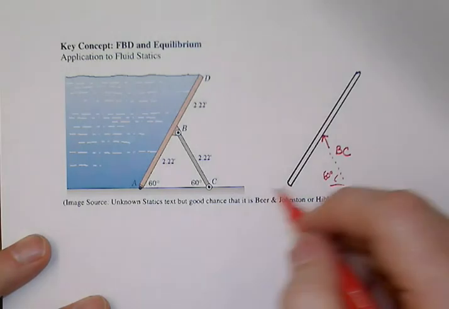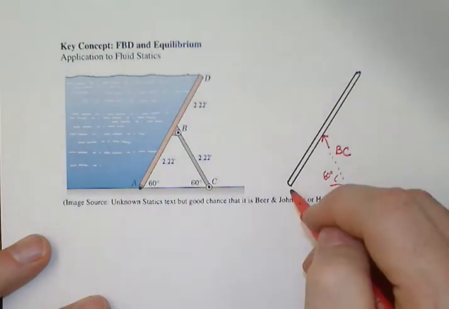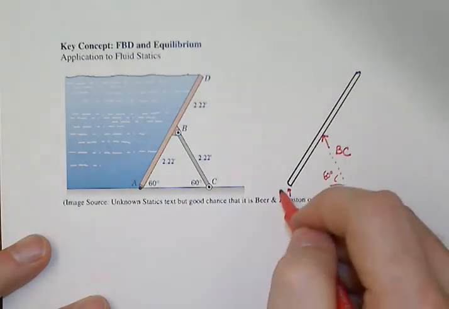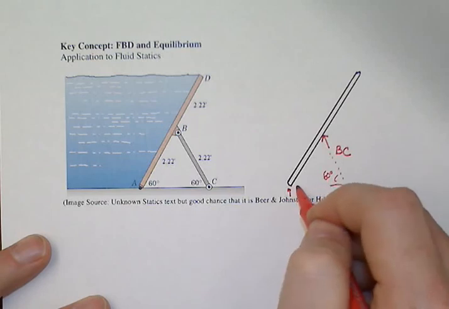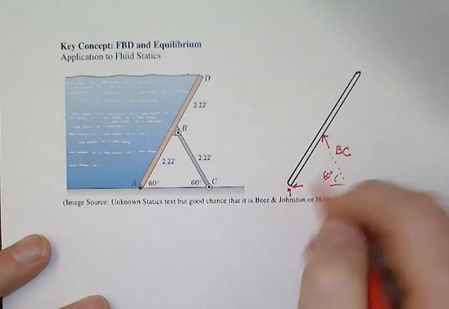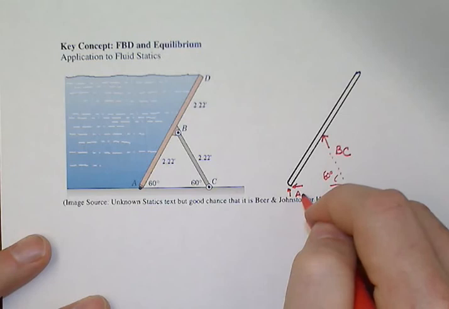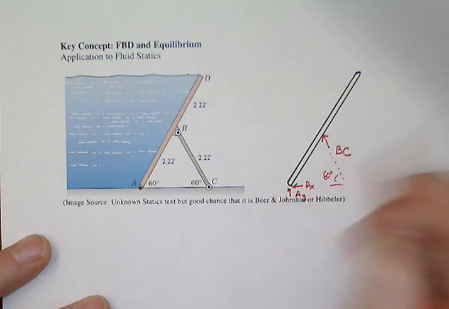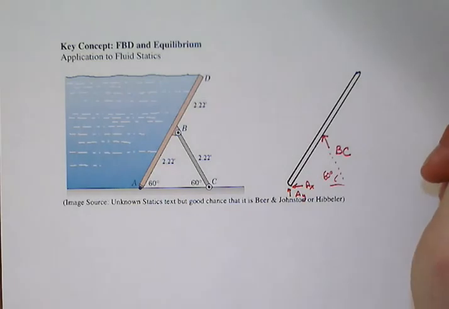And then we got this pin support down here at the bottom. So we've got then an AY and an AX. Right? That's great for potential reactions, but how do we want to handle the actual fluid force?